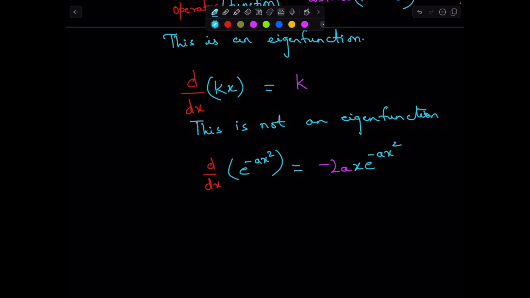So we do not get the function back because we get x e to the power minus ax squared, and x is not a constant, so this is not an eigenfunction.